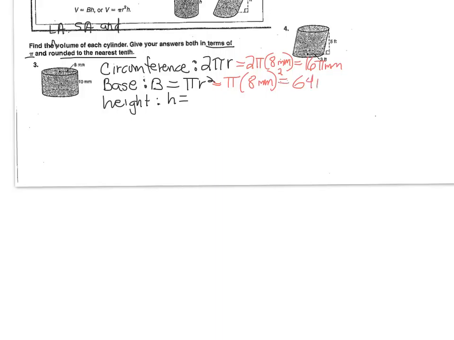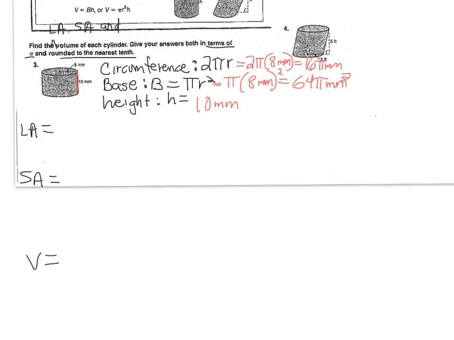So 64 pi square millimeters. And for the height, that is the segment that connects the two circles, the two bases, and that is 10. Then once I have those three pieces of information, I can find everything: the lateral area, the surface area, and the volume.